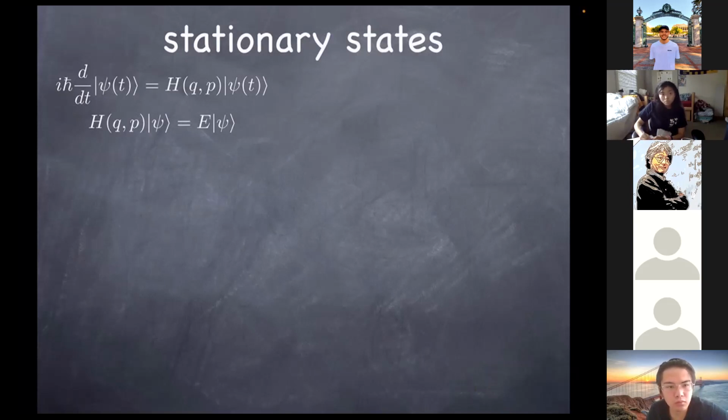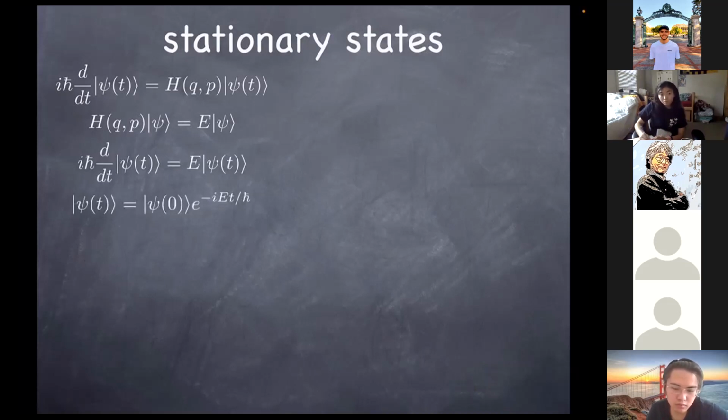So H acting on the state psi gives you the eigenvalue E. And once this state is an eigenstate of the Hamiltonian operator with the eigenvalue E, then your original time evolution equation becomes very simple, because the time derivative simply gives you the eigenvalue E.